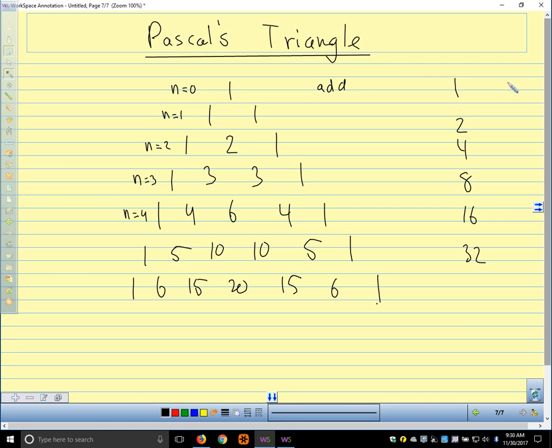Well, this is 2 to the 0. This is 2 to the first, 2 squared, 2 to the third, 2 to the fourth, 2 to the fifth. So this is n equals 5. If I keep going, if we add all the numbers in the nth row, we get 2 to the n. So the sums of the numbers in the rows of Pascal's triangle are powers of 2.